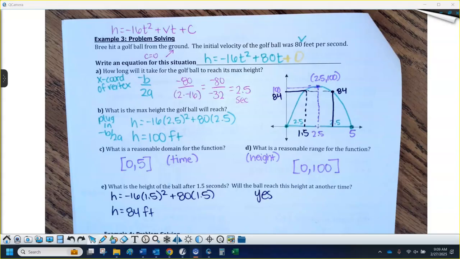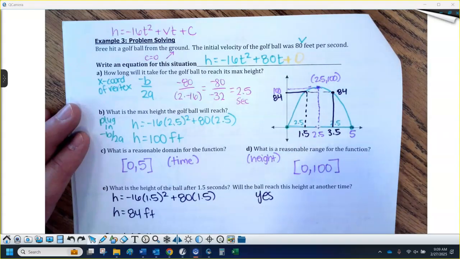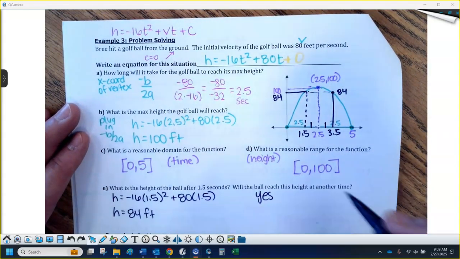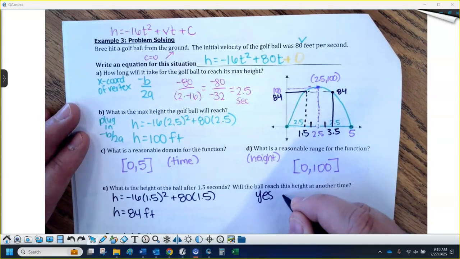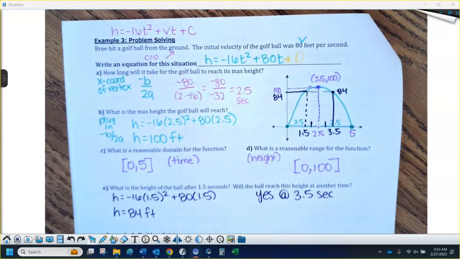So 1.5 to 2.5, that little distance right there would be 1. So mirror image on the other side, this little distance would also be 1. So this would be 3.5 here. It's the same on either side of the vertex. So I'd say yes. The other time is at 3.5 seconds.